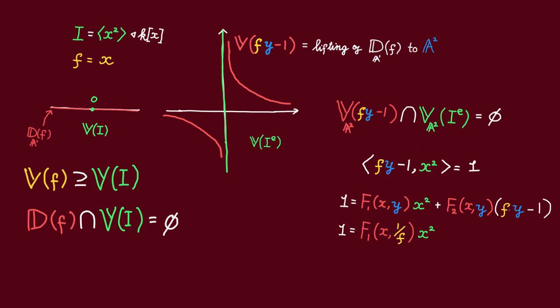Namely, it's the set of common zeros of these polynomials. And now by the weak Nullstellensatz, the fact that this affine algebraic set is empty is equivalent to saying that this ideal is not a proper ideal. And thus we can write 1 as a combination of fy minus 1 and the generators of this polynomial, and we can proceed as before.